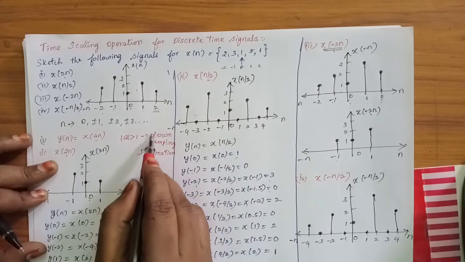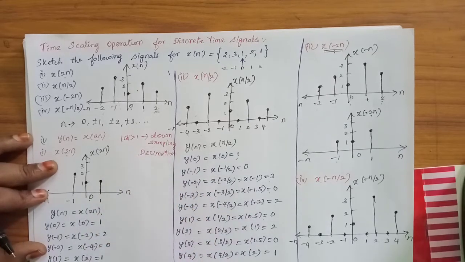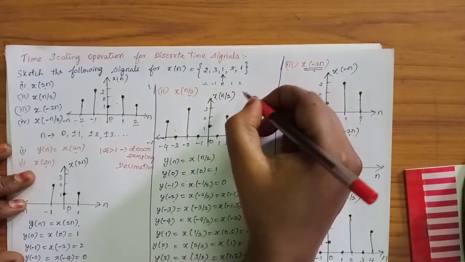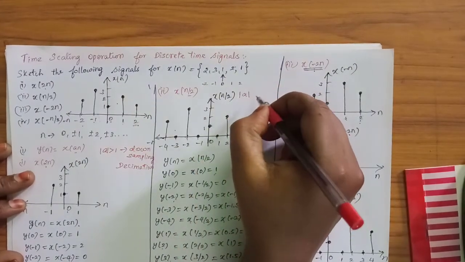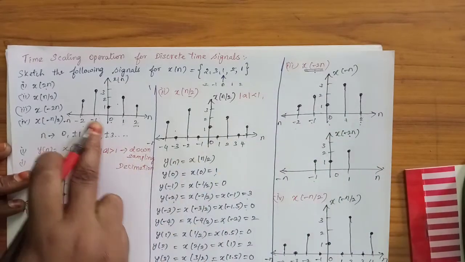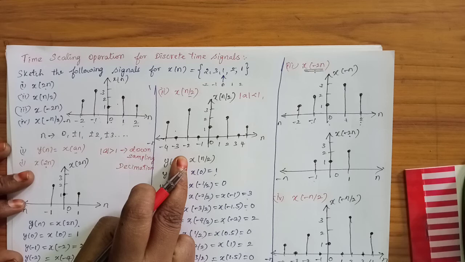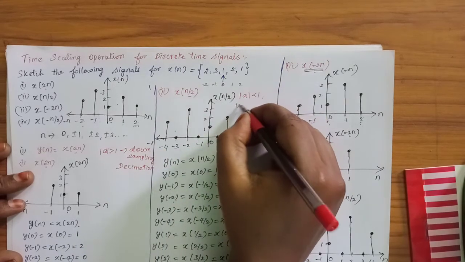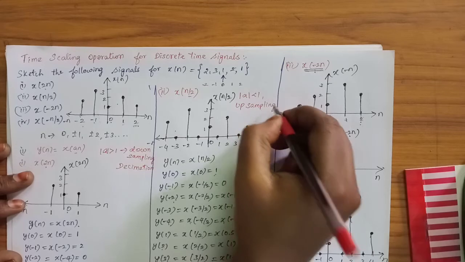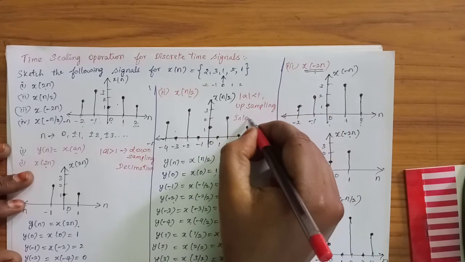These terms you will study in digital signal processing. And whenever the modulus of a is less than 1, the number of samples gets increased. It's called upsampling or interpolation.